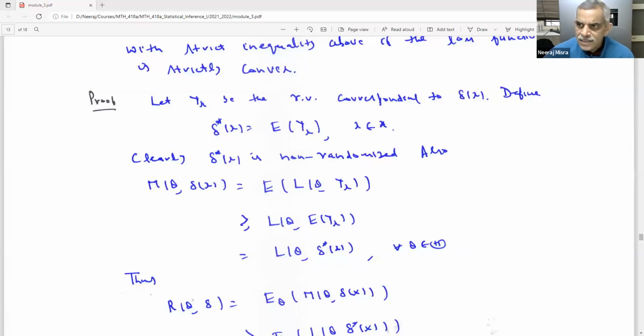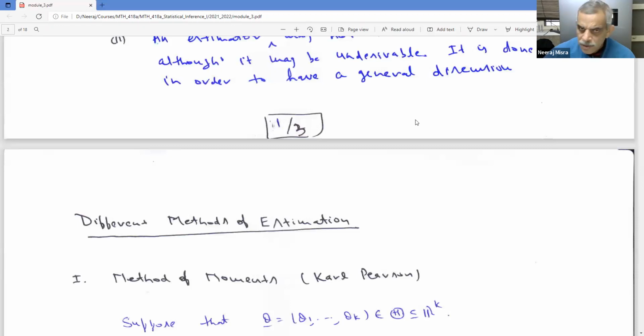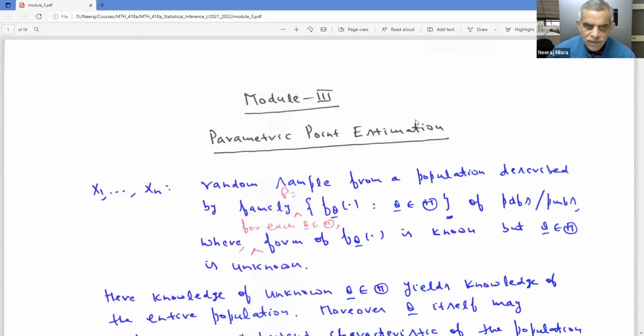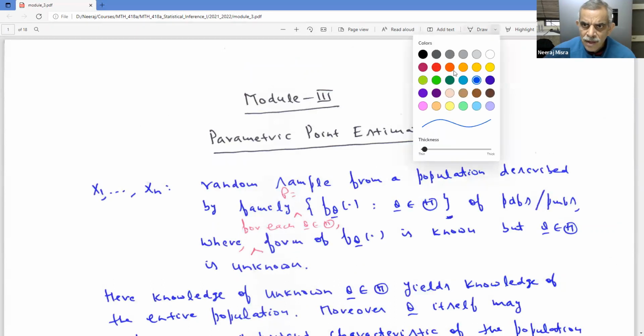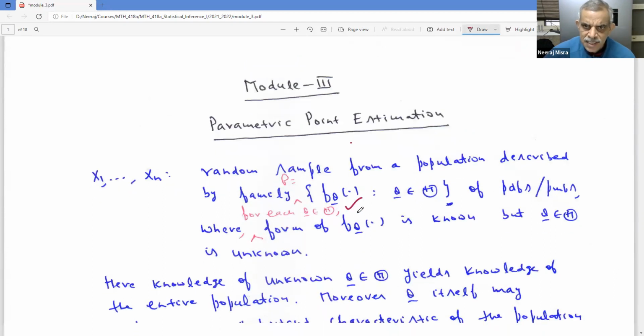Now, we were dealing with statistical inference problems. So I briefly stated what a statistical inference problem is. So I have a random sample, x1, x2, ..., xn. This is from some family of distributions f_theta, theta belonging to capital Theta.